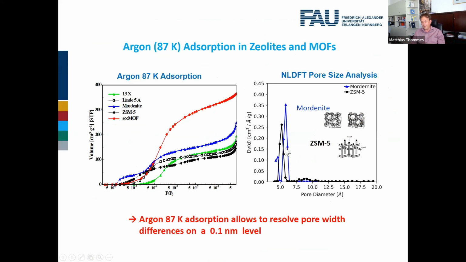Of course, you can then analyze this with advanced methodologies based on density functional theory. And here we can really resolve these narrow pore size distributions. Here's the bimodal pore distribution from the mordenite, and right in the middle between these two peaks, we have the cesium 5.